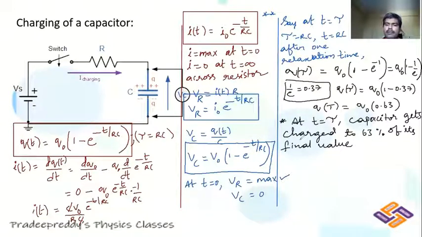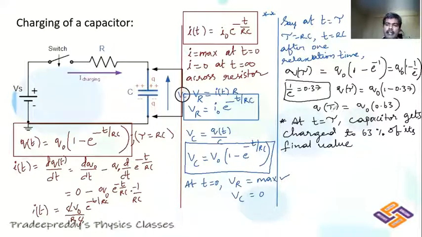After one relaxation time, the capacitor gets charged to 63% of its final value. Suppose the capacitor has a maximum charge it can store equal to 100 microcoulomb. After one relaxation time, it gets charged up to 63 microcoulomb. Okay, that is after one relaxation time.